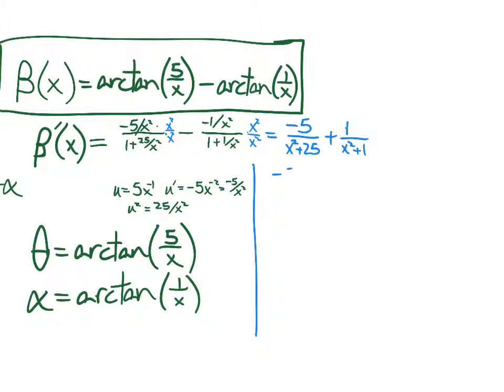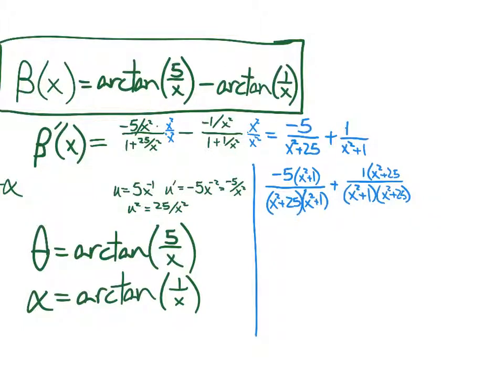So I'm going to make it negative 5 over x squared plus 25 plus 1 over x squared plus 1, and I'm going to get a common denominator here by multiplying this fraction by x squared plus 25 over itself, and this by x squared plus 1 over itself.